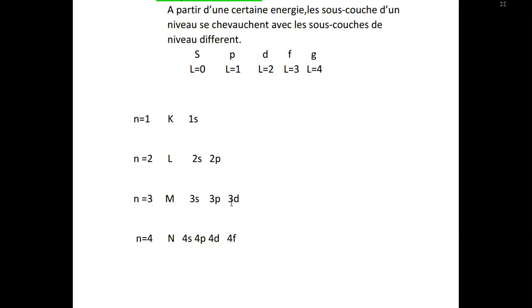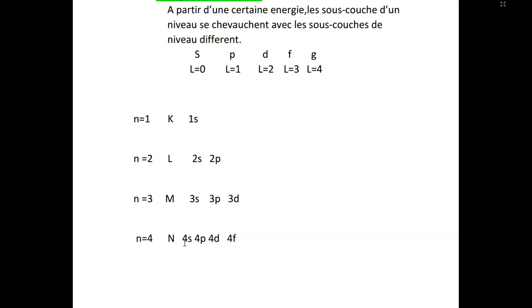We know that 4s, which is 4 plus 0, is less than 3d, since d corresponds to 2.